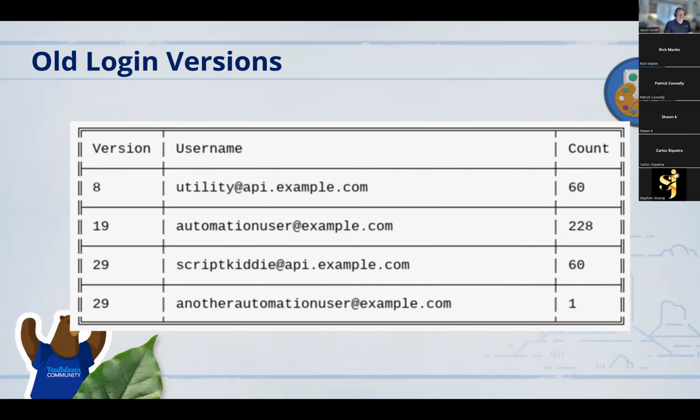Recently, Salesforce has cut off older versions of logins, older versions of APIs, and this is an easy way for you to look at your data and know, oh, I need to go talk to this utility API user and tell them they need to update because version 29 is getting ready to be killed, for example. This was taken before version, I think 23 or lower was removed, or whatever that cutoff was. But this is an example of stuff that you can get with event monitoring.